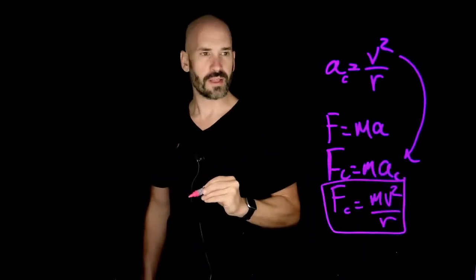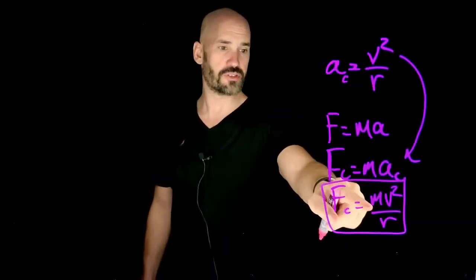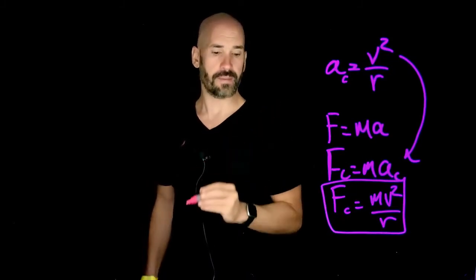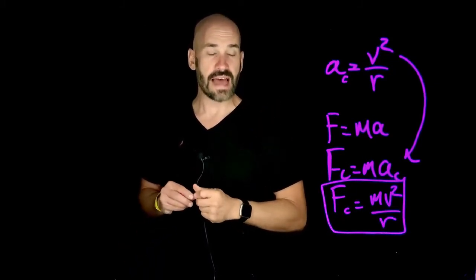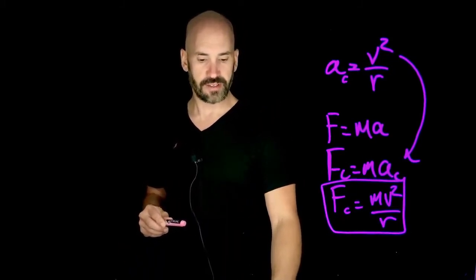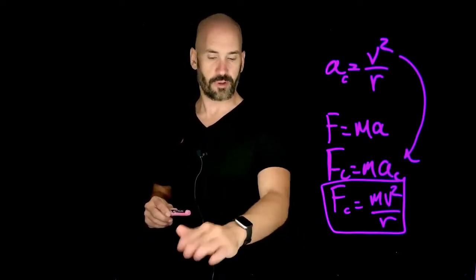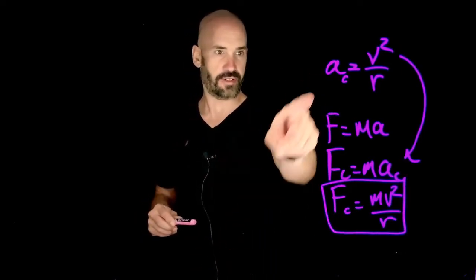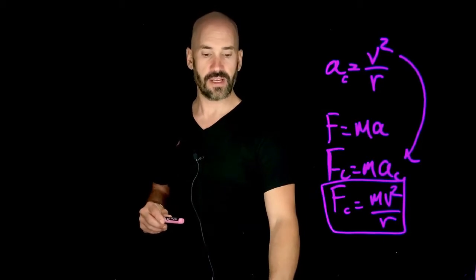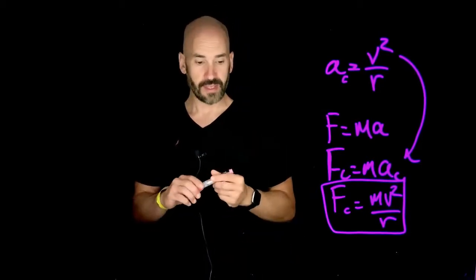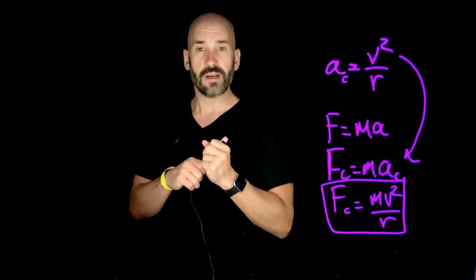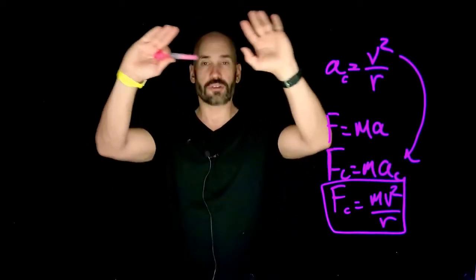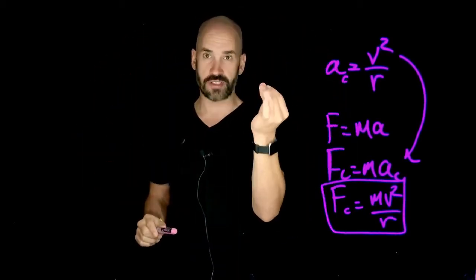Okay? Does that make sense? I'm just taking my centripetal acceleration and multiplying it by m. And now, what this sets up for us, in the next slide you'll see that I've just confirmed that that's mv squared over r. In the world of circular motion, we have a new Newton's second law.